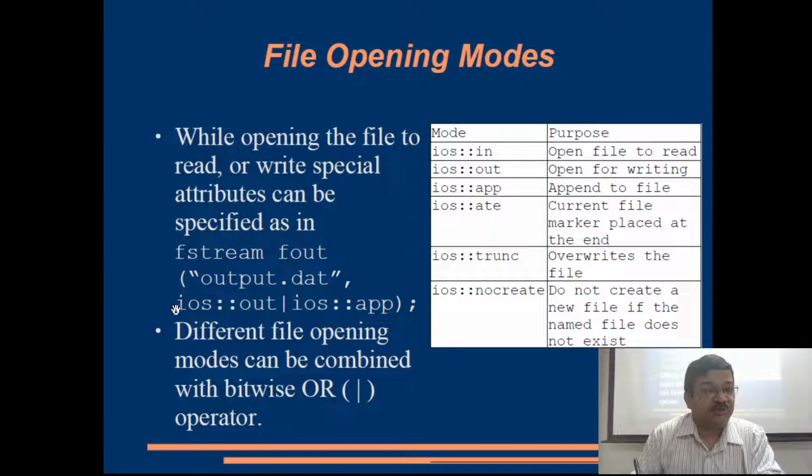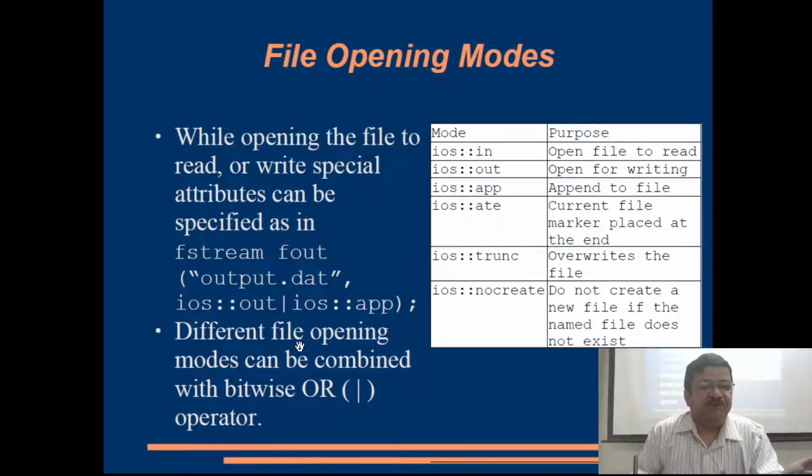So this is from the ios namespace, input output stream namespace, and this is out. So that is the output qualifier. So this file is of the type output stream, or it is app. App means it is append mode, right?